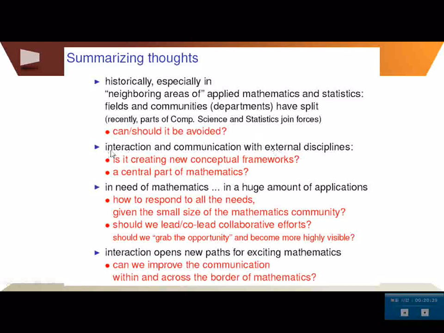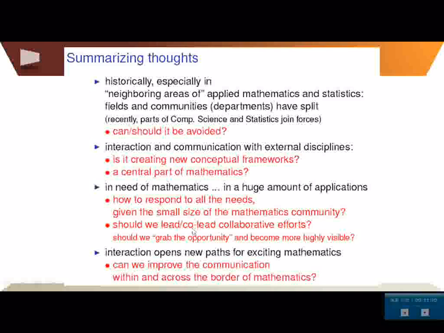Okay. And also interaction and communication with external disciplines. Is it creating new conceptual frameworks? Or what's the central part of math? What is the central part of mathematics? How to respond to all the needs in a huge amount of applications?